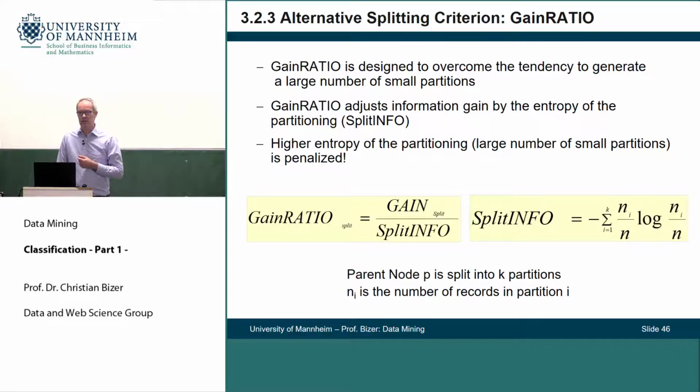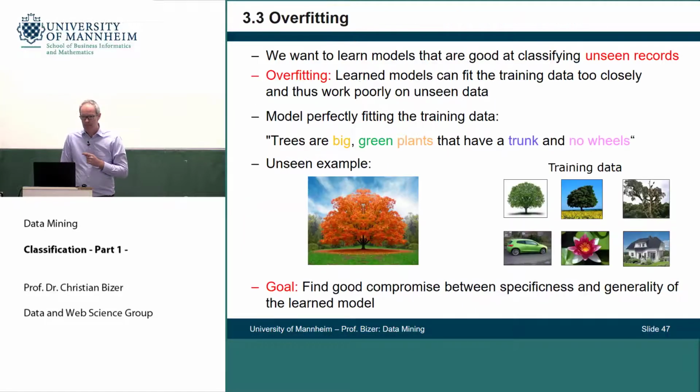This is one way to prevent overfitting, which we will discuss now. So what's the problem with overfitting? We can learn models that work perfectly on our training data, but which fail in the general case on unseen data. And we said at the beginning, our overall goal is to learn something that works on unseen data.